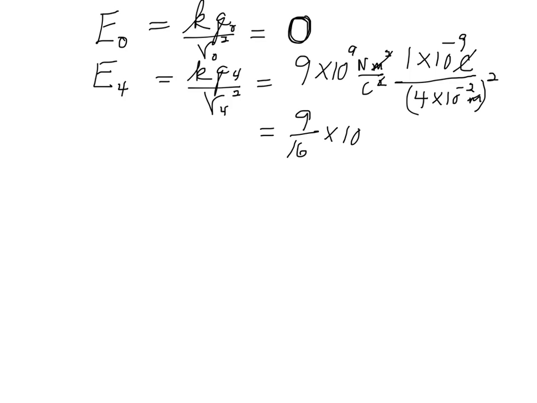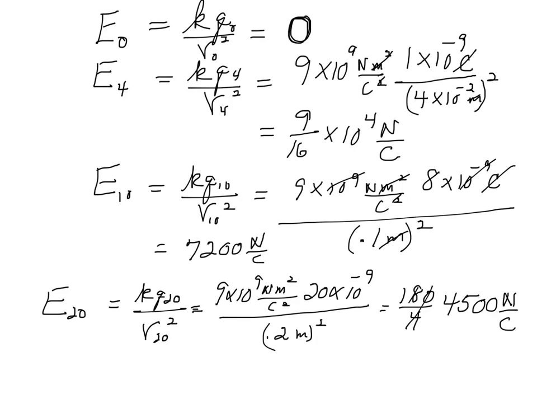Times 10 to the 4th newtons per coulomb. So this is what you should have written, all of this, so I can read it, and so it's well organized. So if you didn't get this, then pause the video and do the E10 and the E20 and then come back. Okay, check your work.